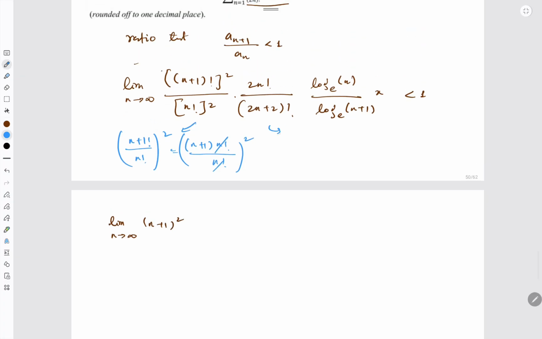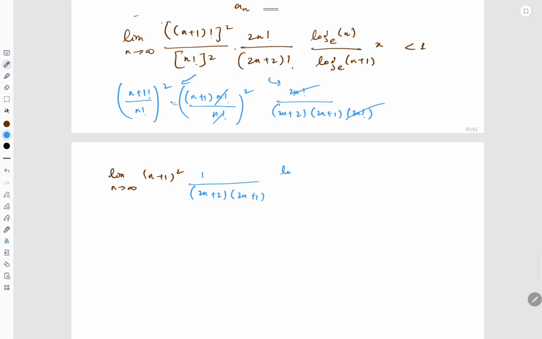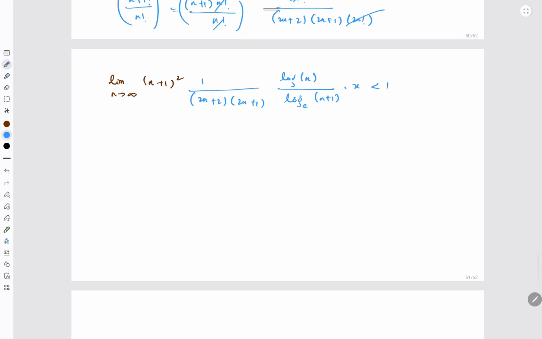Second term I can write it is 2n factorial by 2n plus 2, 2n plus 1 into 2n factorial. So I can actually cancel it out and I can write it as 1 by 2n plus 2 into 2n plus 1. And log e, I can just write it as it is, and it should be less than 1, right?